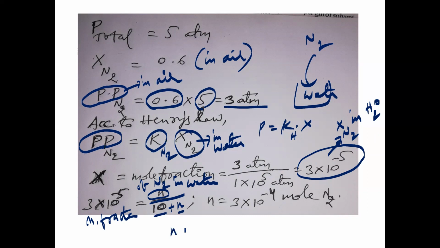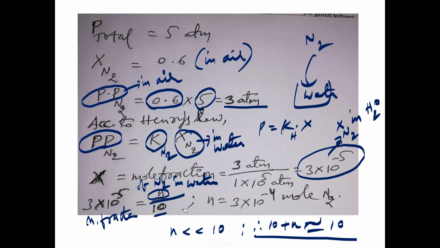But here, the N value will be always very much less than 10 moles. Therefore 10 plus N is taken as nearly equal to 10 only, as N is very much less than 10. So we take N by 10.